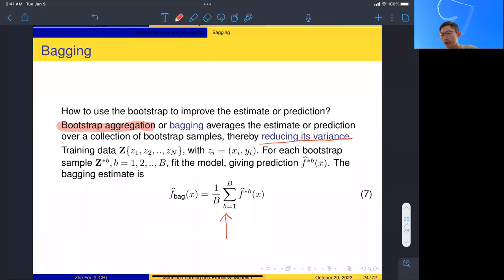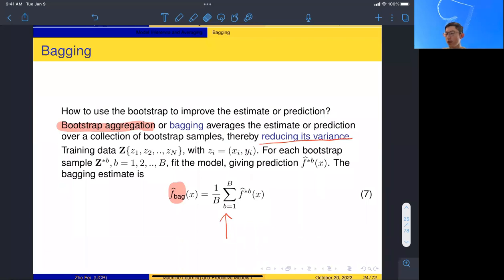So formally, we could write our f hat bag. Here we can think of this as the prediction. So we have the f hat bag prediction on any external x, or future x, target x point, simply as the average from capital B bootstrap estimates.